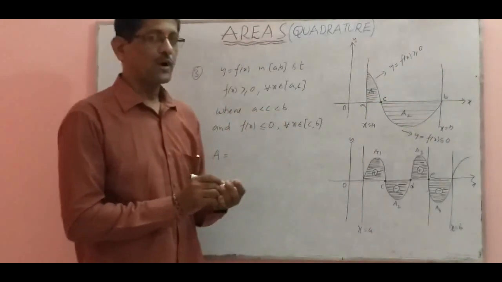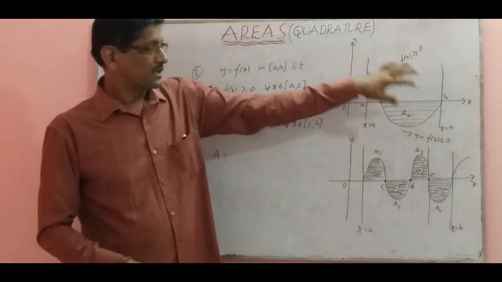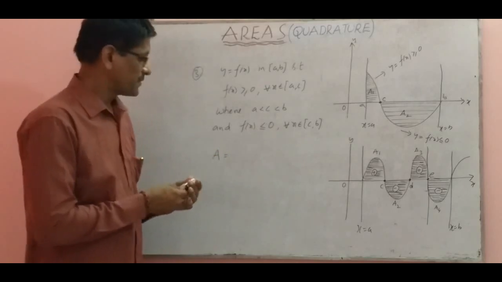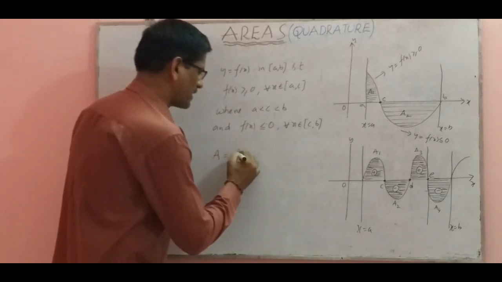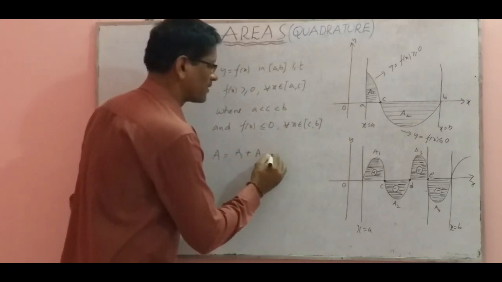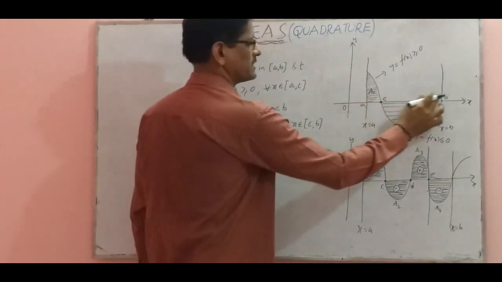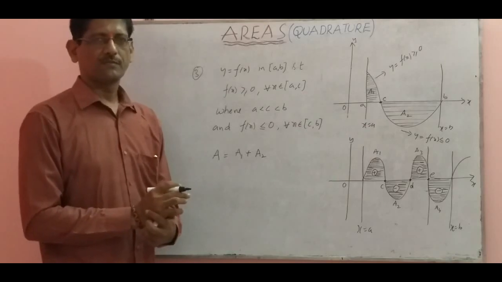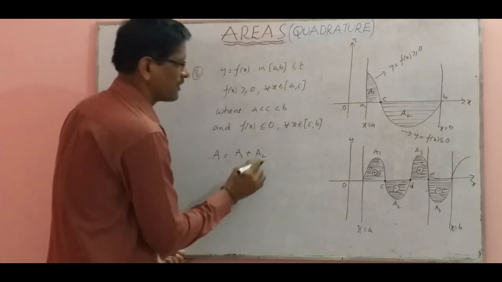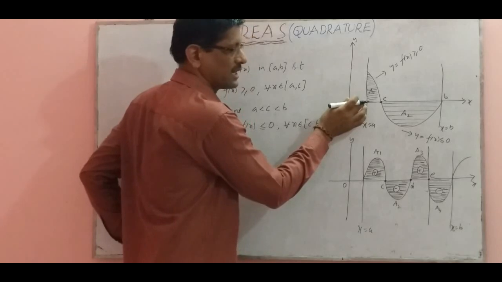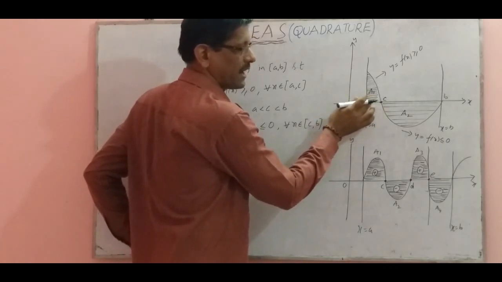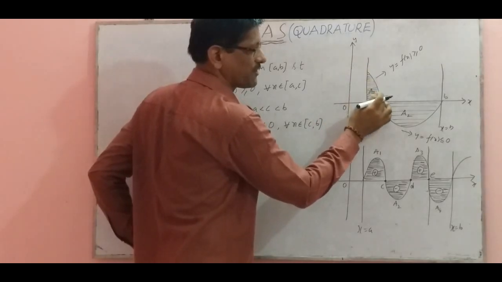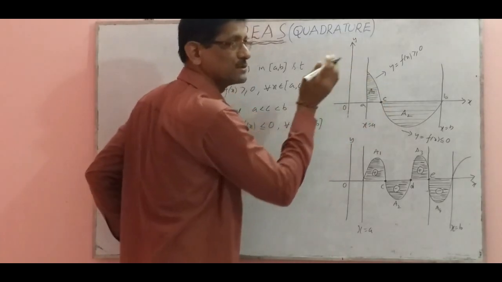That means the curve is downward, below the x-axis. Okay, so what is the area of this region? The area of the region is A is equal to A1 plus A2. This is A1, this is A2. What is A1? The limits vary from a to c and the curve is y is equal to f of x, upward the x-axis, so plus.